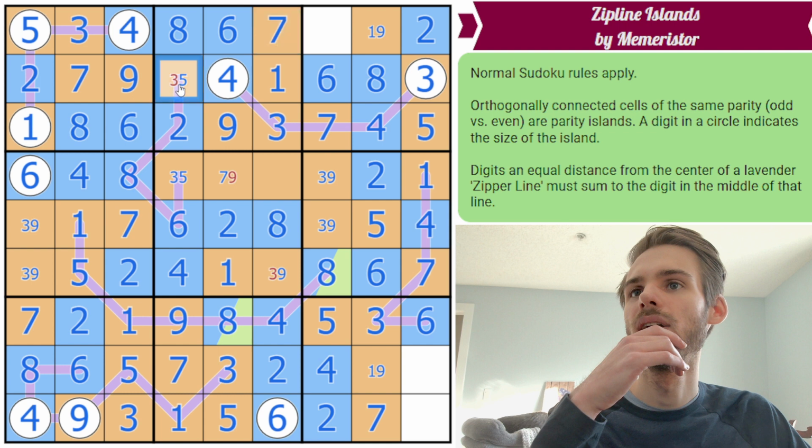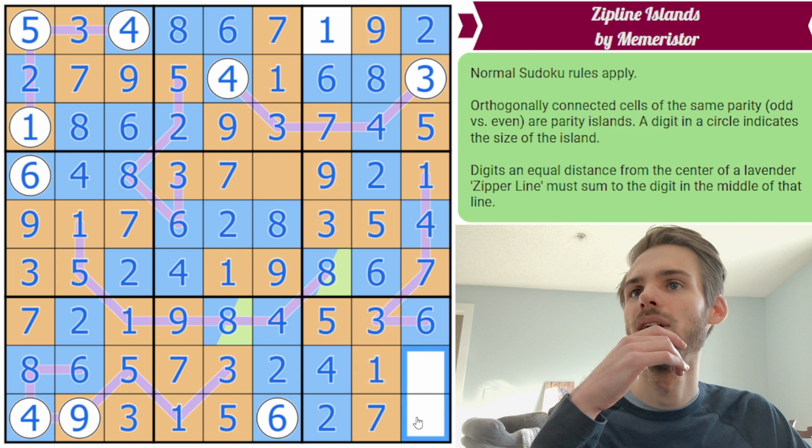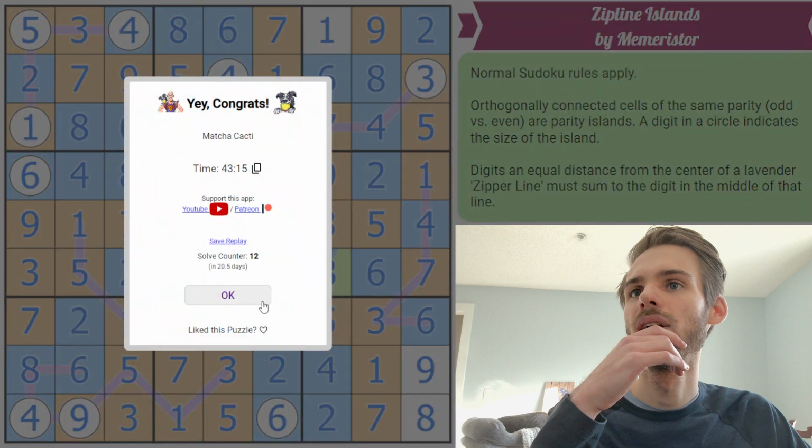I think that might be actually useless. Maybe it makes it easier, but I think it might already be resolved with this 3, 9 thing. This is an 8 in the corner, and finally a 9 to finish off. Or wait, got a 5 in the center.